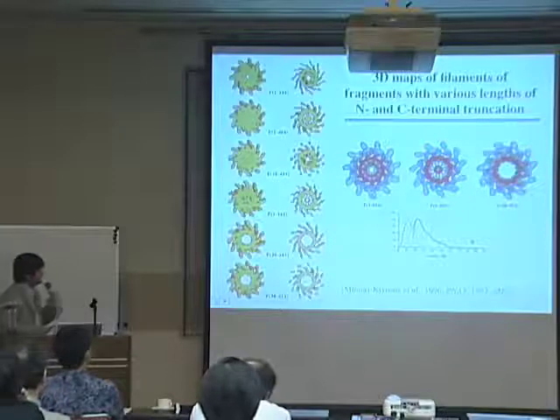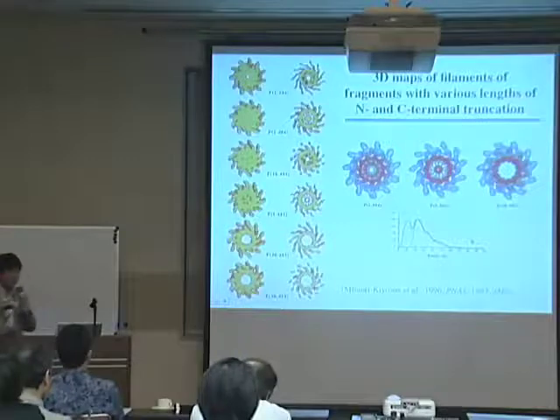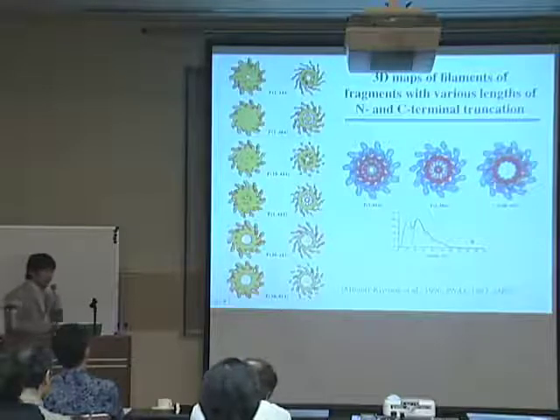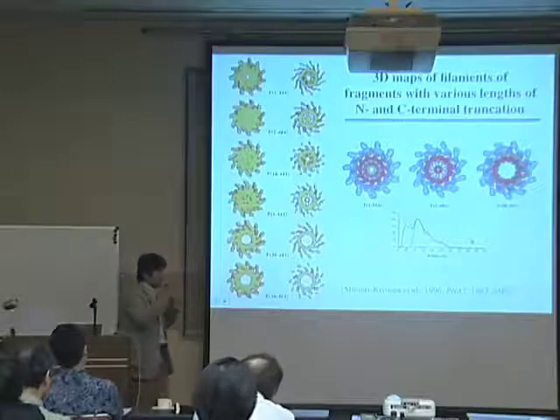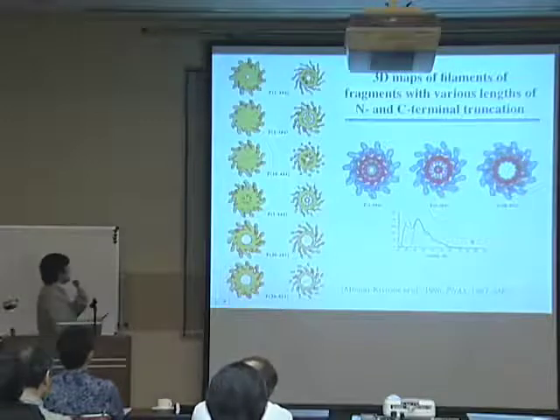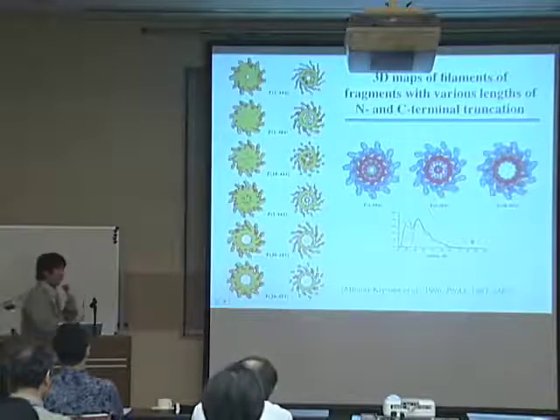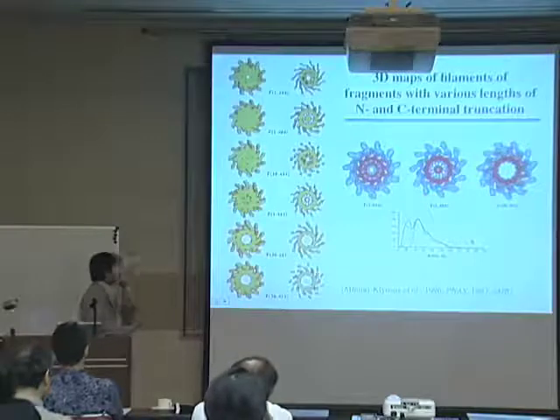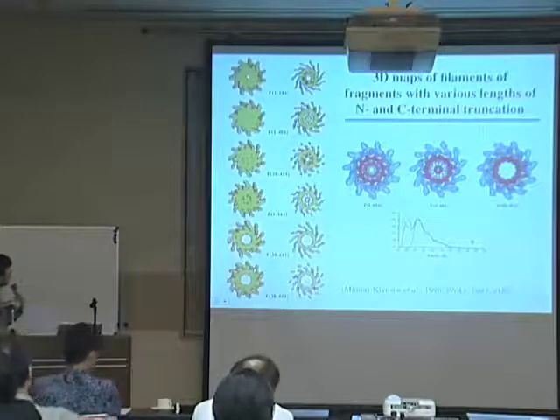The hint came from low resolution electron microscopic analysis. Well, if you chop off the N and C terminal region of the flagellum, you have a filament, but a distorted filament, and those filaments are missing the inner ring structure.